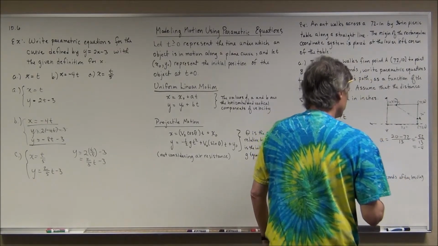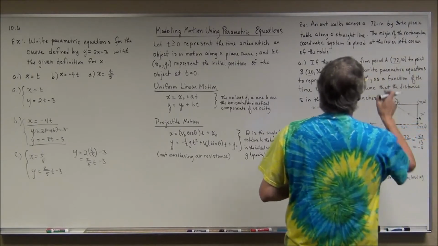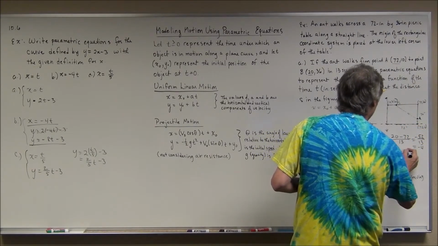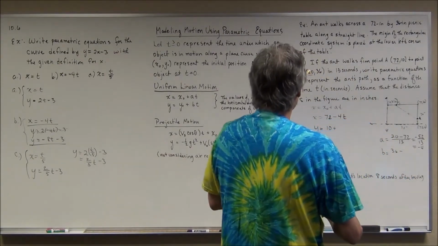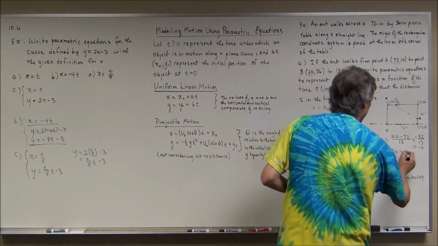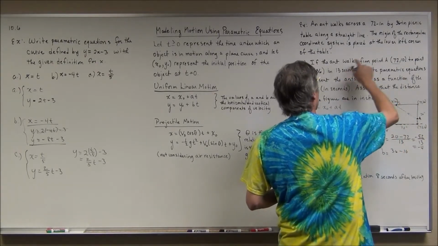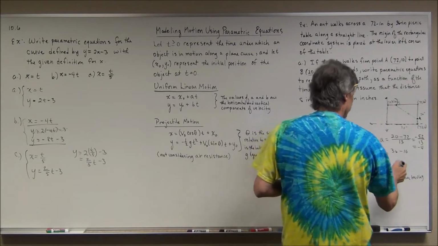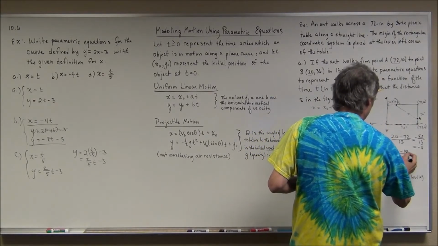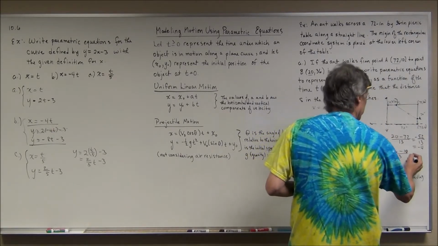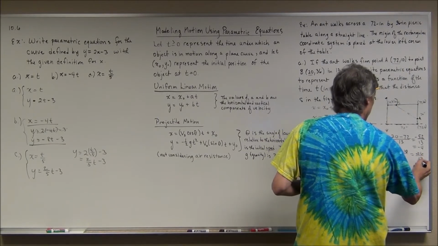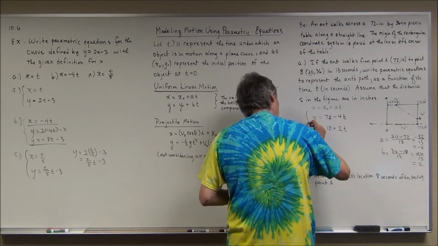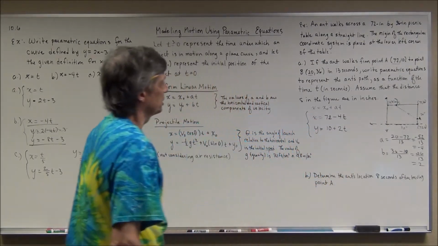We're going to go from 10 up to 36, so b is equal to 36 minus 10, where he ends up minus where he started from, just like a vector, tip minus tail. And that's also divided by the amount of time it took, 13 seconds. So this is 26 over 13, which is a positive 2. So this would be plus 2t here, and those would be my parametric equations to describe this.